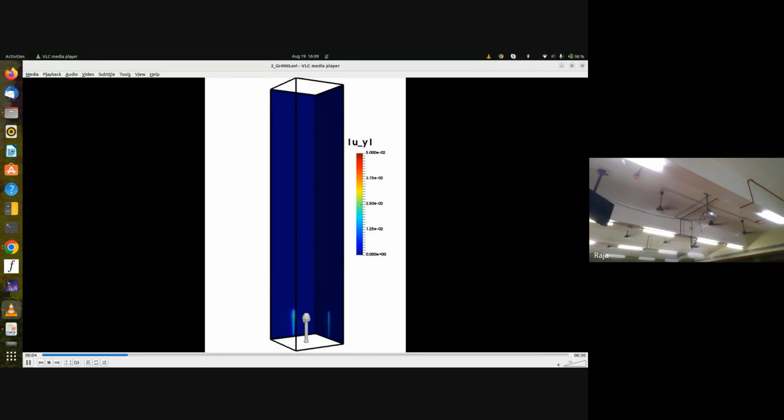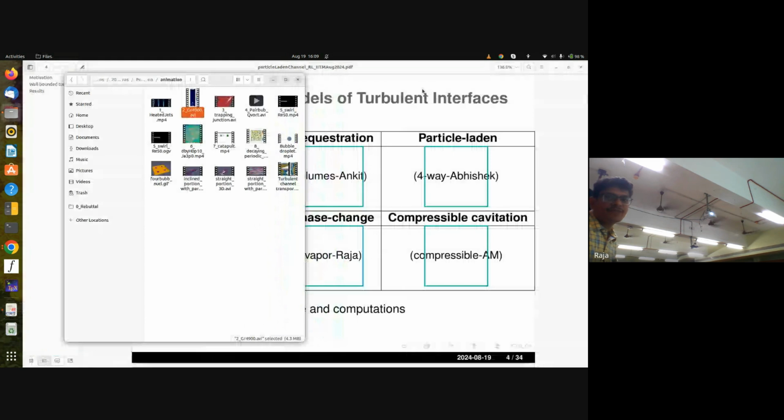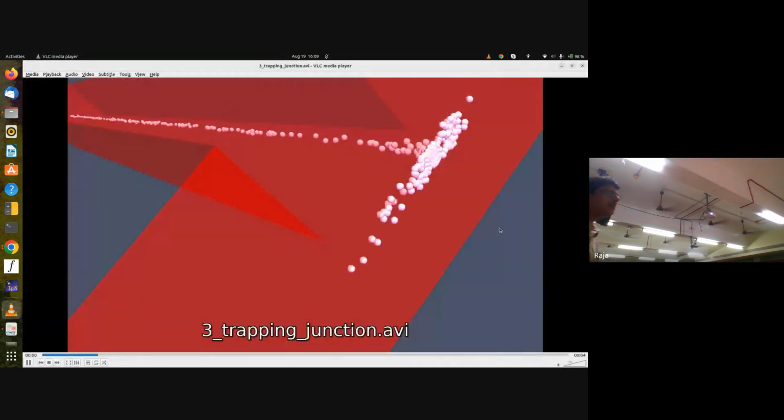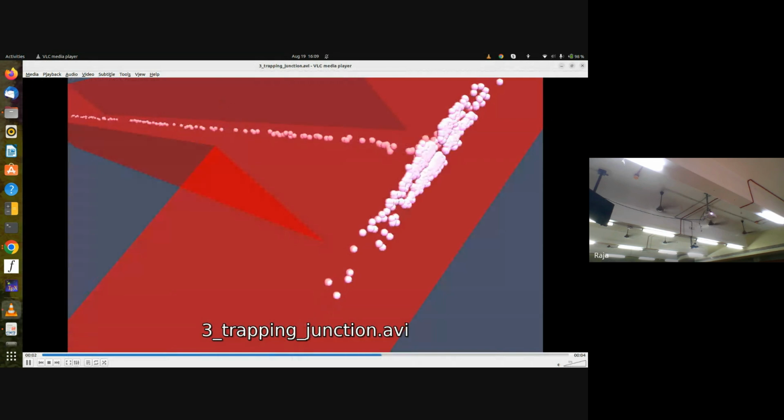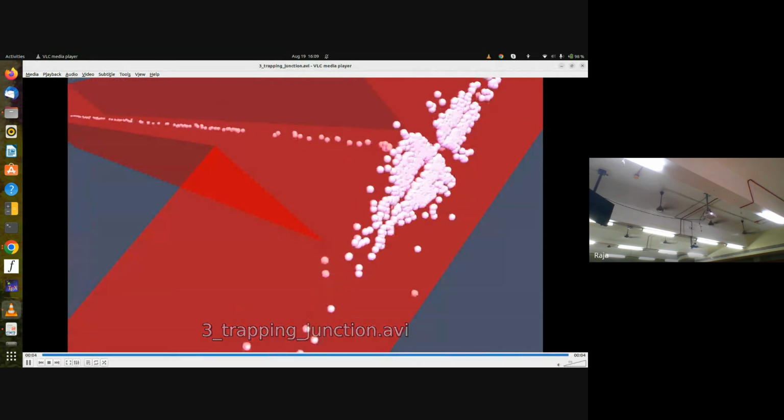Bubbles are rising inside big columns. How do they really diffuse? What kind of clusters happen? How do they break up? Something about particle trapping near branches and junctions.